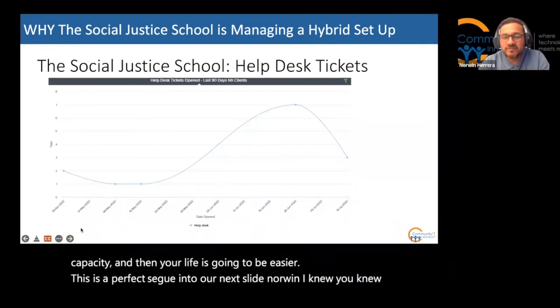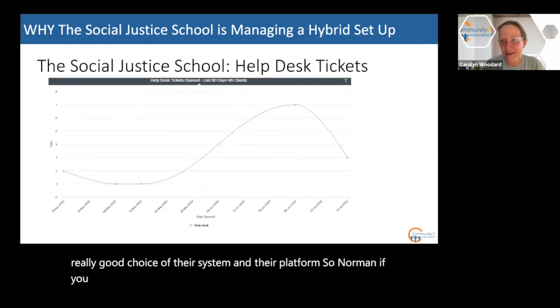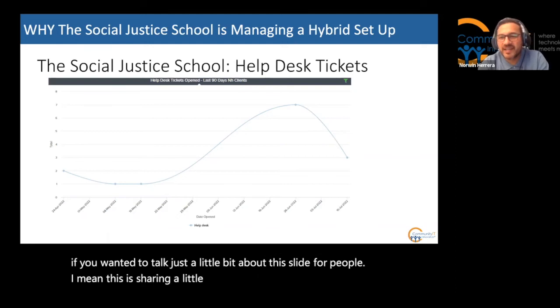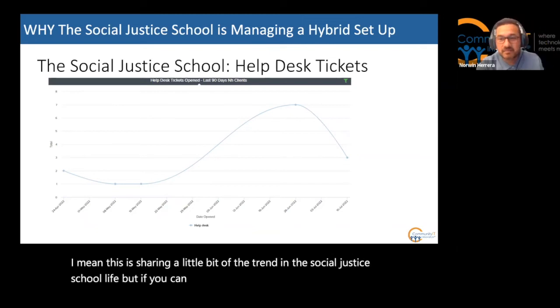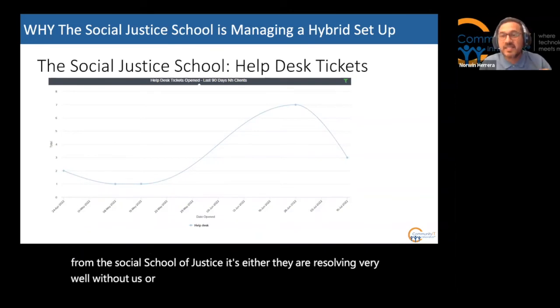I think in this case, clearly the Social Justice School made a really good choice of their system and their platform. So Norwin, if you wanted to talk just a little bit about this slide for people. This is sharing a little bit of the trend in the Social Justice School life. But as you can see, there are basically almost no tickets from the Social School of Justice. Either they are resolving very well without us, or the decision that we made in terms of technology is working.